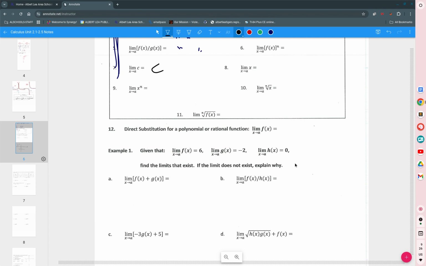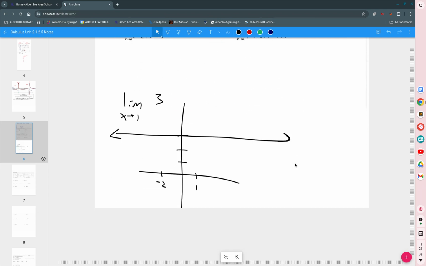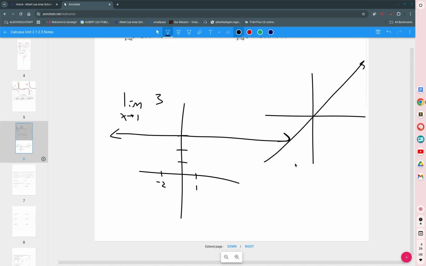Let's think about the limit as x goes to a of x. What does x look like as a function? Line like that, right? Where the x value is the same as the y value all the time, right? So as x approaches 2, the limit approaches 2.